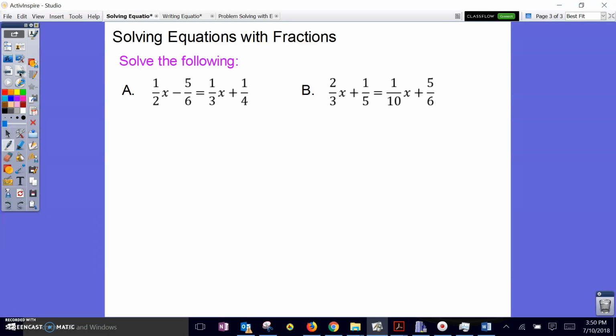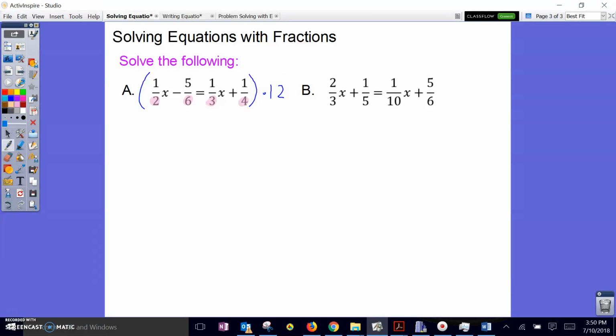We'll look at part A here, and so I'm looking for a number that is a common multiple of all of these, and that number is going to be 12. Again, 12 is a common multiple of all of those.